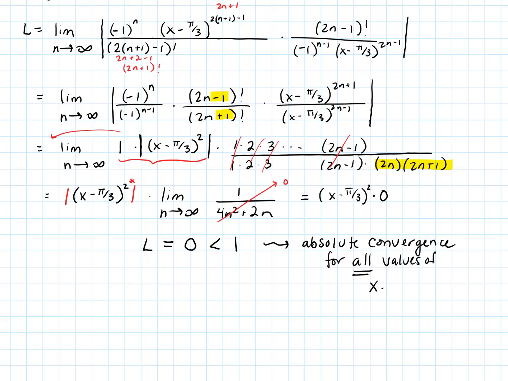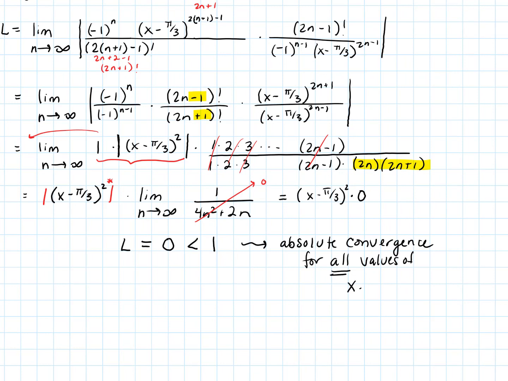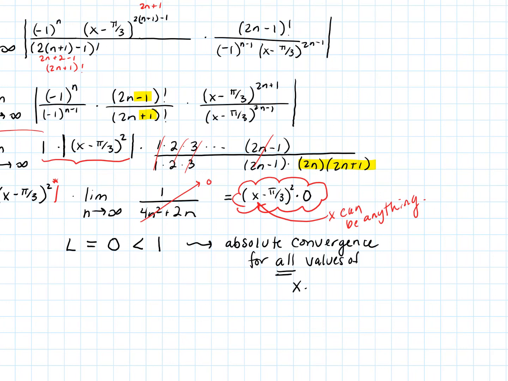This means that it doesn't matter what we plug in here for x. x can be anything, because in this ratio test limit it doesn't matter what x is, it's going to get zeroed out. It's going to get obliterated by what's left over from the factorials in the expansion of that ratio test. So we end up with absolute convergence here. This means every value of x works.